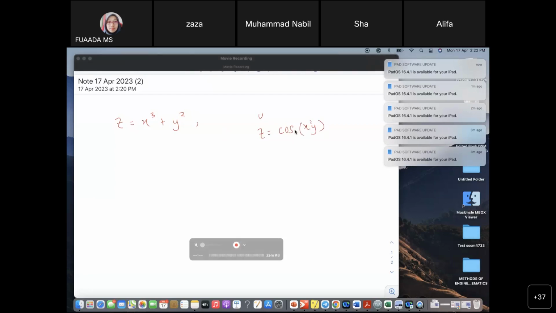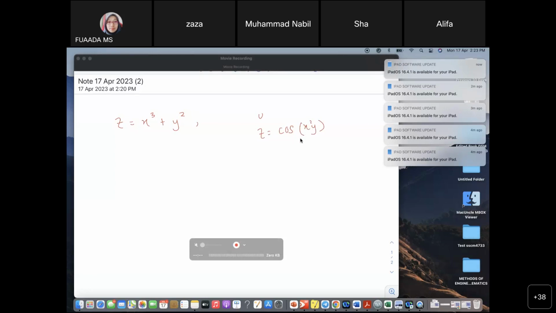Okay, you ada two layers of function, and dia tak ada banyak lapisan. So you just dua saja, so you can have directly the outer function. The first layer is the cosine function, and the second layer is x squared y. That's it.